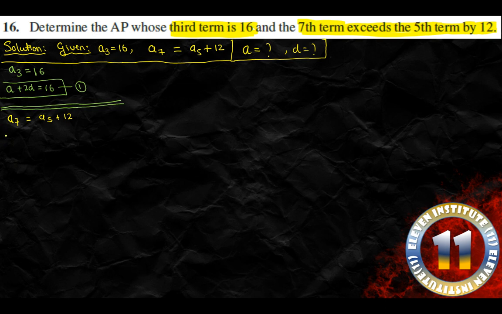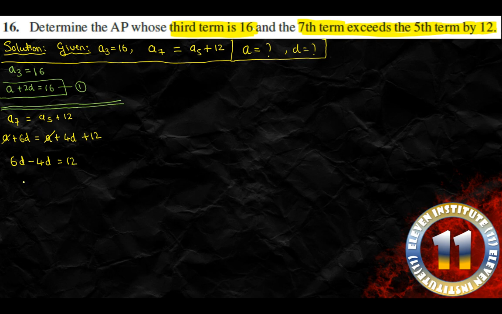Now instead of A7 we can write A plus 6D, and instead of A5 we can write A plus 4D, and this plus 12 will remain as it is. So this A and this A will get cancelled. So 6D will remain as it is. 4D will come over here and it will become minus 4D, and that will be equal to 12.